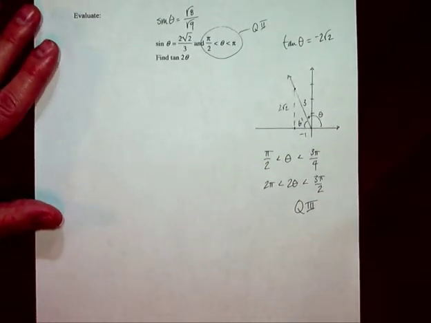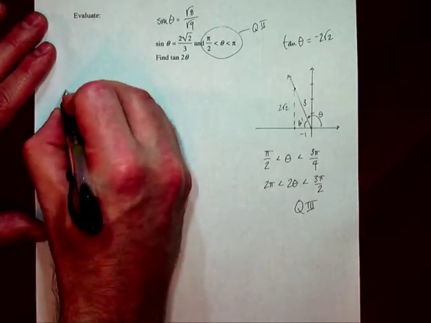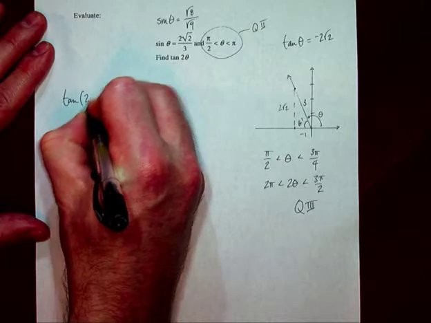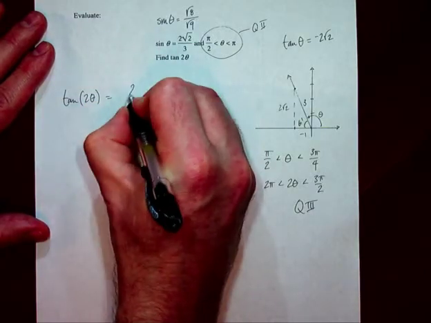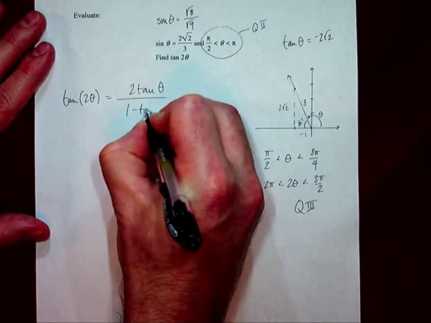Alrighty, I have tangent, I have the quadrant that it's going to wind up in, and I know that tangent of 2 theta is going to be 2 tangent theta over 1 minus tangent squared theta.